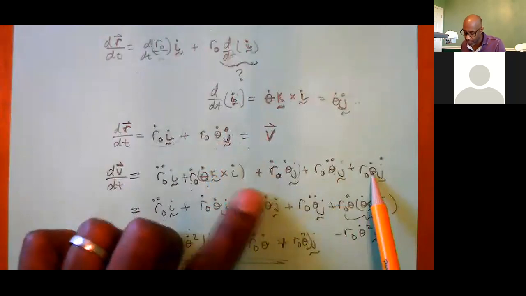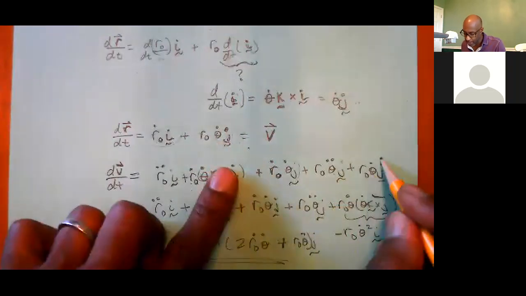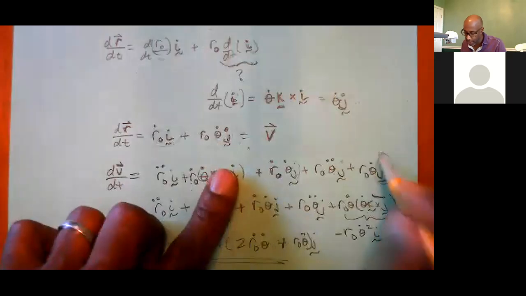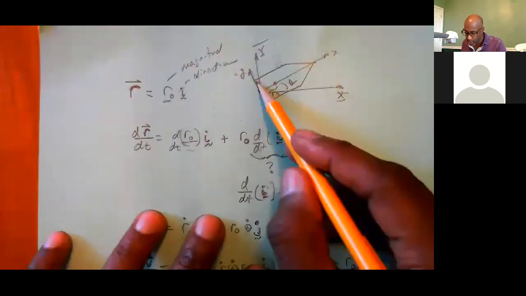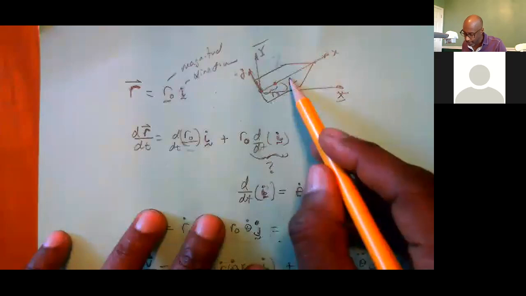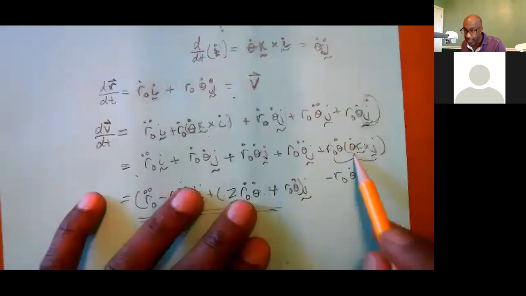And again, when we take the derivative of the j, we have to remember, how is the j changing? How is this direction changing? It's changing because of the theta dot. And so again, there's another theta dot k here crossed with that j.